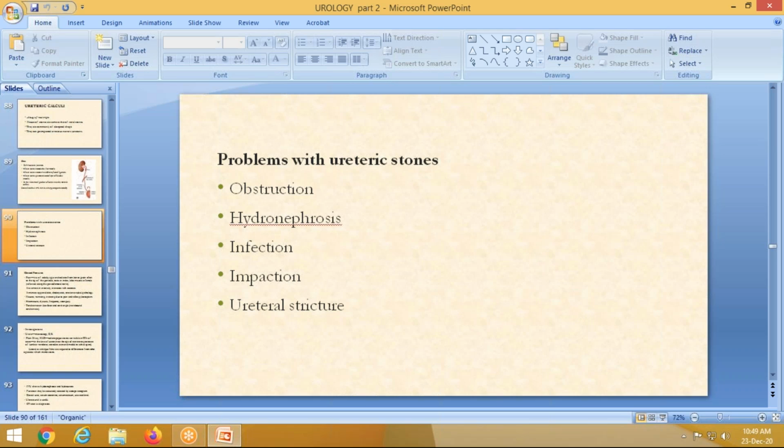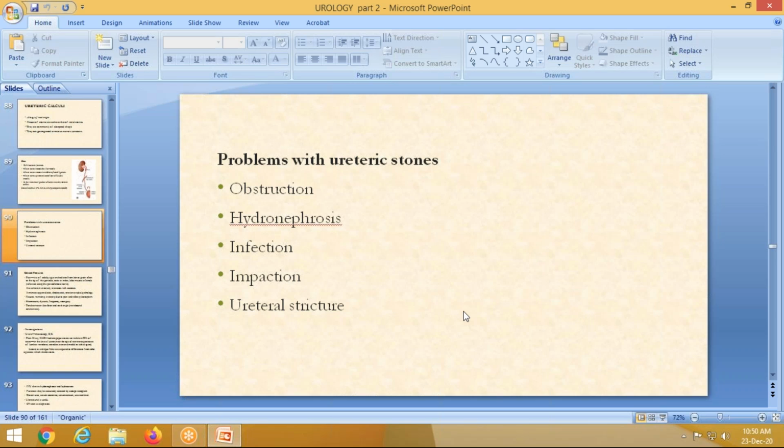So what are the problems which develop due to the obstruction of the ureteric calculi? Here you discussed the obstruction. So once the ureteric stone is obstructed in the narrowing part, there may be a chance of development of hydronephrosis.